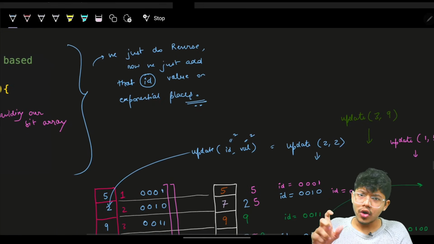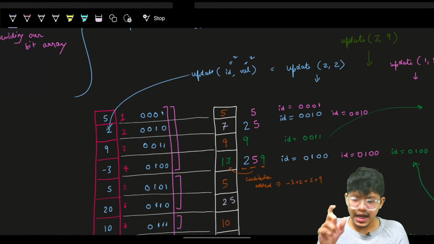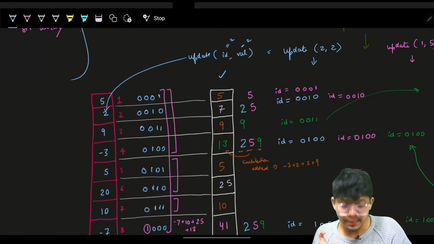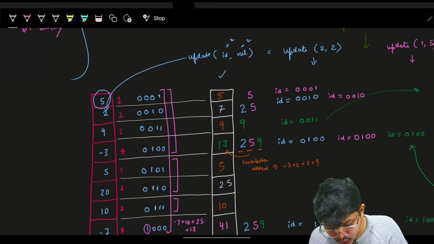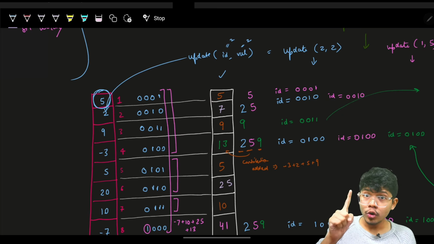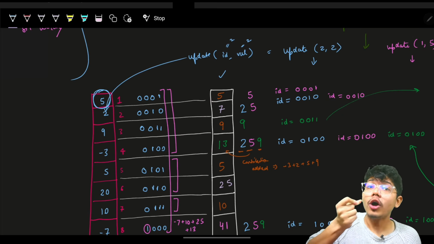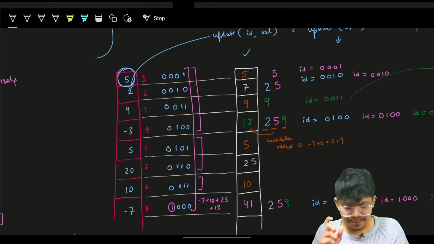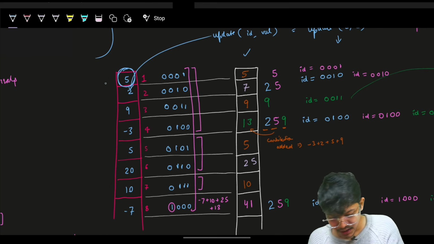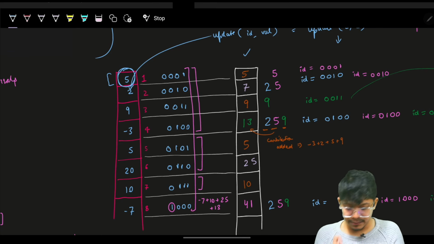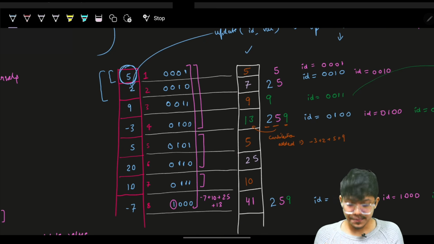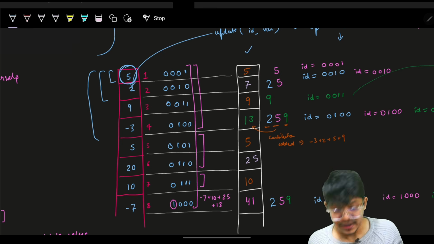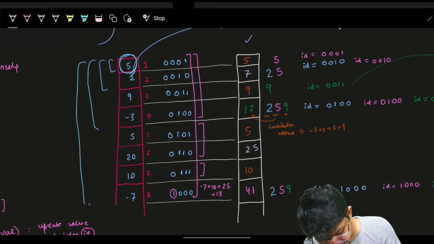If I ask you to build the specific bit array, the first time you encounter the element 5, you know at what all places my 5 will have a contribution. If you remember, I wanted some specific range sums: the range sum of 1 element, of 2 elements, of 4 elements, of 8 elements.